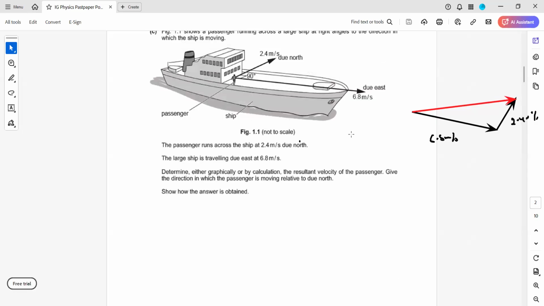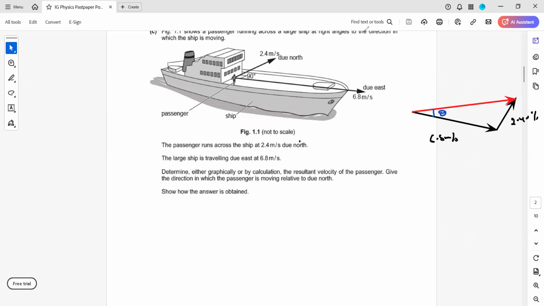Which vector is due north? So we need this angle, theta, the angle from north. If they said angle from east, then this angle would be needed. That is why it is important that you draw.